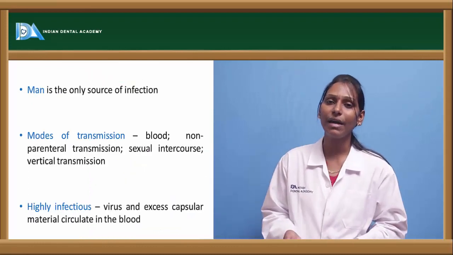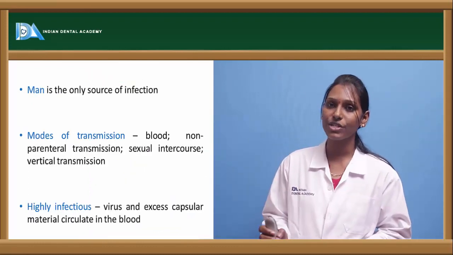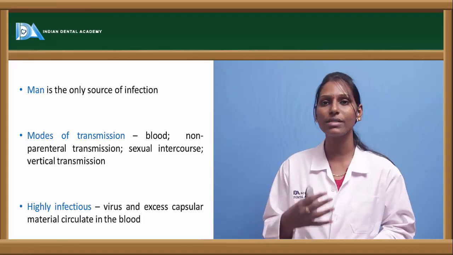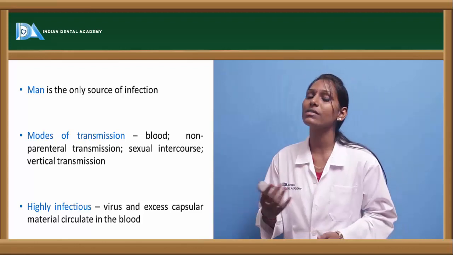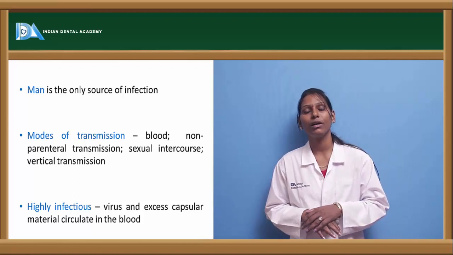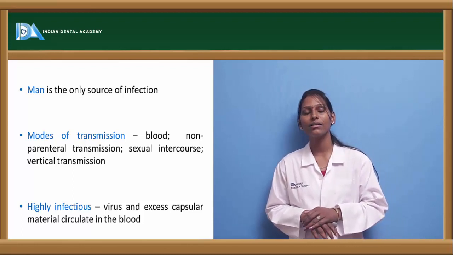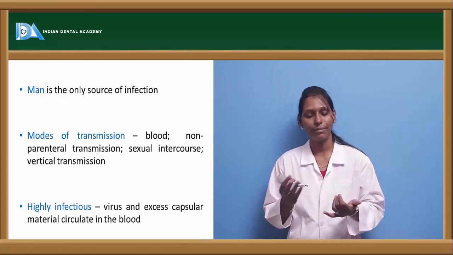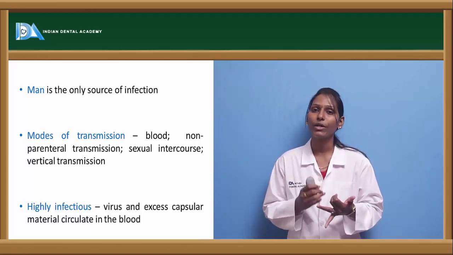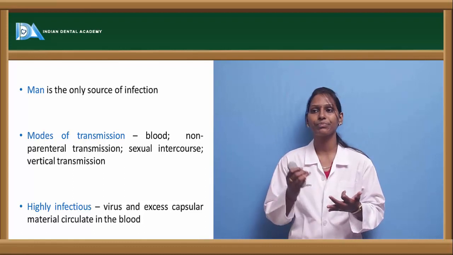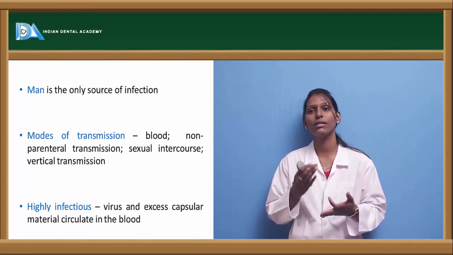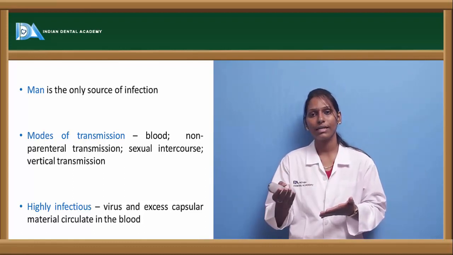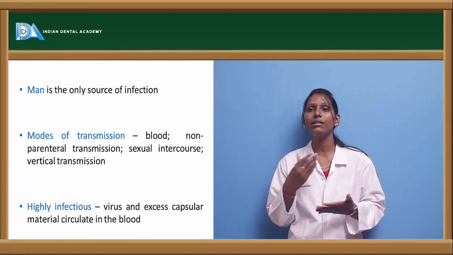For this hepatitis B virus, the main source of infection is man, and usually the host itself is also man. Various modes of transmission are present, and the predominant mode is through blood, that is, through blood transfusion or organ transplantation, sexual intercourse, and vertical transmission, that is, directly from mother to child.